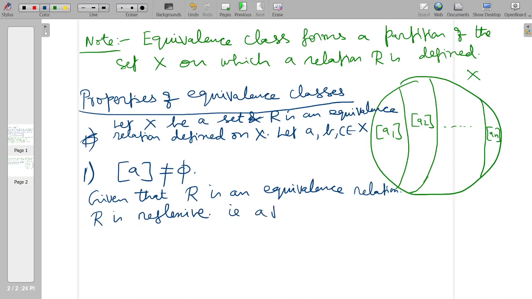That is, A is related to A for every A in X. Therefore, A belongs to the equivalence class of A, and from this you can see that the equivalence class of A is non-empty. So the first property proved here is that an equivalence class is non-empty.